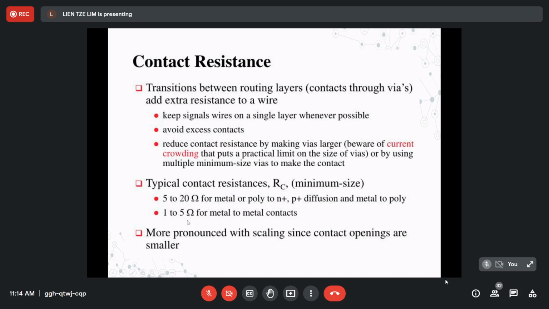So we conclude that the contact resistance will be based on the contact size, and the number of contacts must be reduced. It is also more pronounced with scaling since the contact openings are smaller.